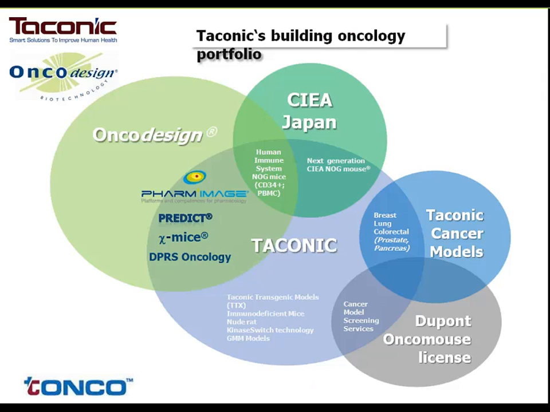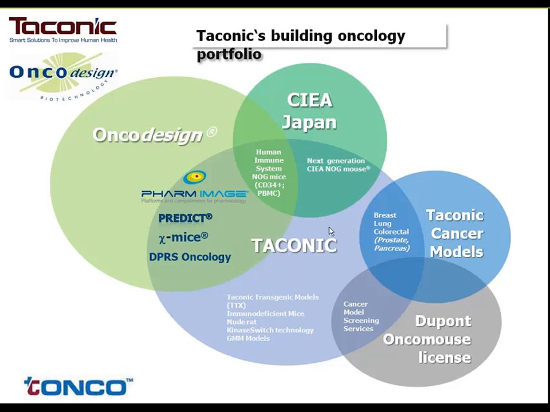Today, I'm going to focus on what we're doing in the area of oncology. We've put together a platform, a portfolio that we're calling T-Onco. We're doing this in partnership with a collaborator, OncoDesign, and we're bringing a lot of different things together in this portfolio, including sophisticated imaging techniques, patient-derived tumors. We're working also with CIEA from Japan. We have access to a super immunodeficient mouse called NOG.